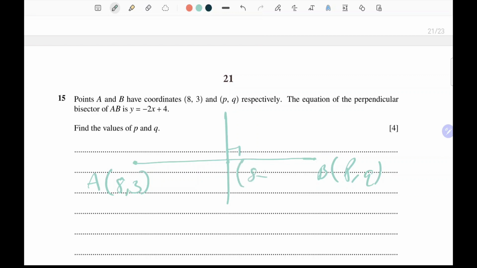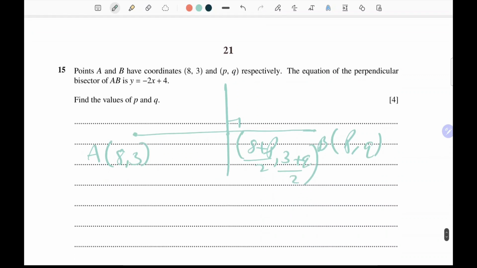The midpoint is (8 plus p over 2, 3 plus q over 2). The equation of the perpendicular bisector is given: y equals minus 2x plus 4. So this point is going to satisfy this line. So put y as 3 plus q over 2 and x as 8 plus p over 2 in minus 2 times x plus 4.